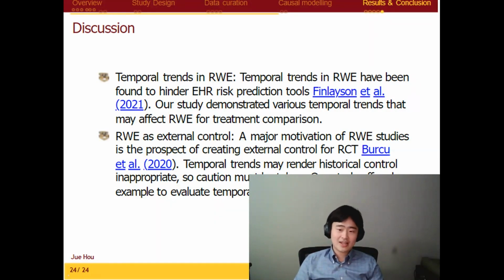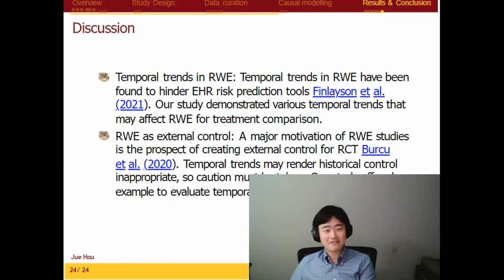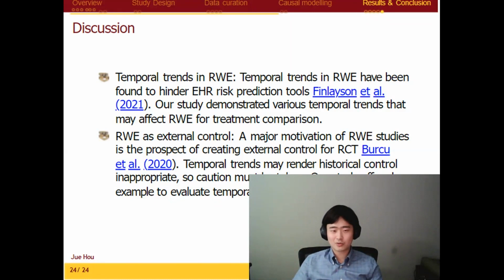It's also related to another hot topic, which is using external control, especially historical control, for future clinical, like regulatory purpose, clinical trials. However, a temporal trend might make this inappropriate if things have changed rapidly, right? So you always have a better outcome with a newly conducted randomized clinical trial versus a single arm trial against a historical arm, because the management in those years was poor.